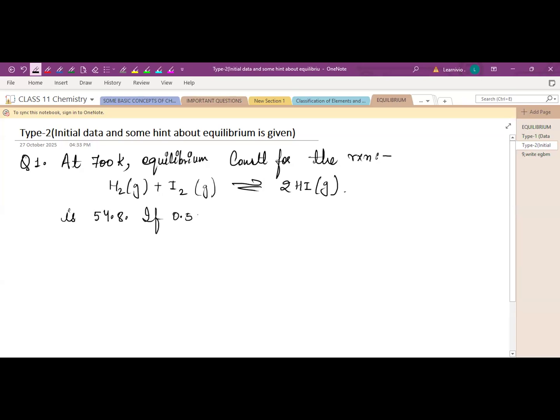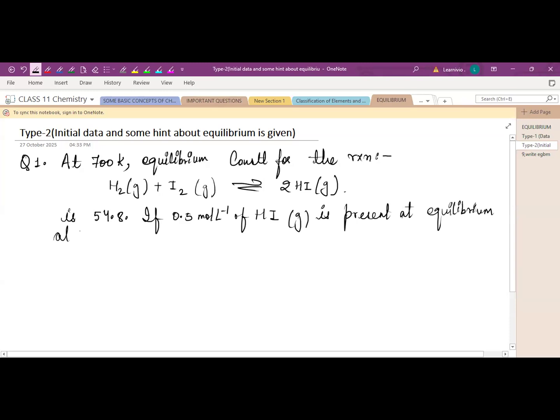If 0.5 mole per liter of HI is present at equilibrium at 700 Kelvin, then what are the concentrations of H2 and I2?